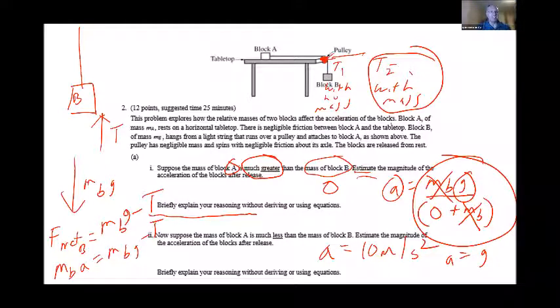If the whole mass of the system goes up, this acceleration has to go down. And the only way that acceleration can go down is if what happens to that tension? The only way B's acceleration is going to be less is if what happens to the tension?